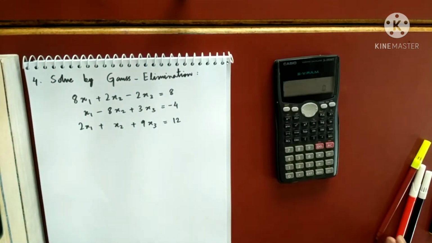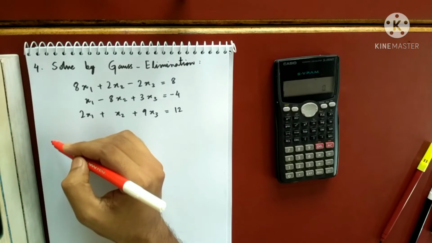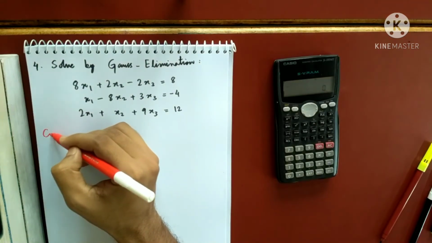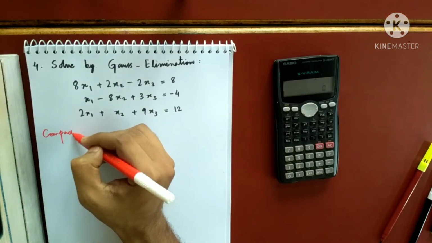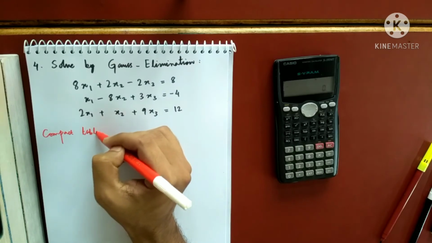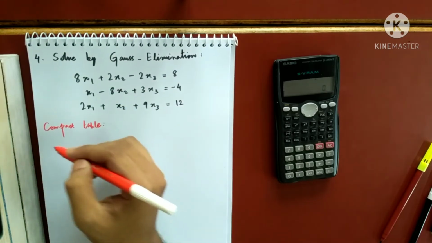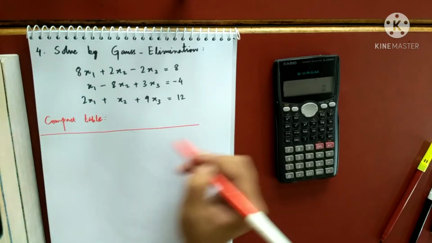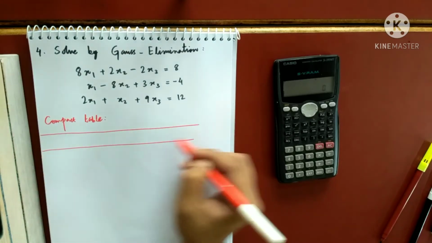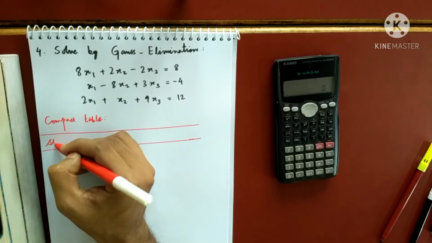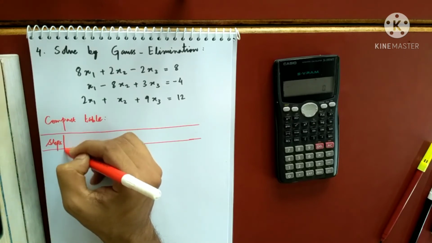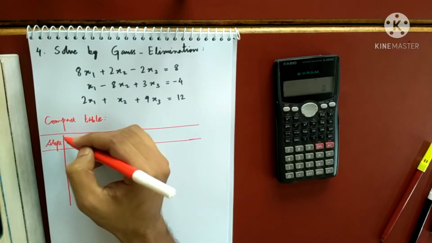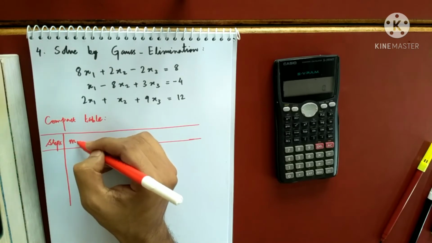We'll again use the compact table form to solve this. So let's draw the compact table for the Gauss elimination method. I will have to write the steps here, so right here will be my steps. Steps require very small space. Let me give some space to the multipliers, the m_ij's, this time.